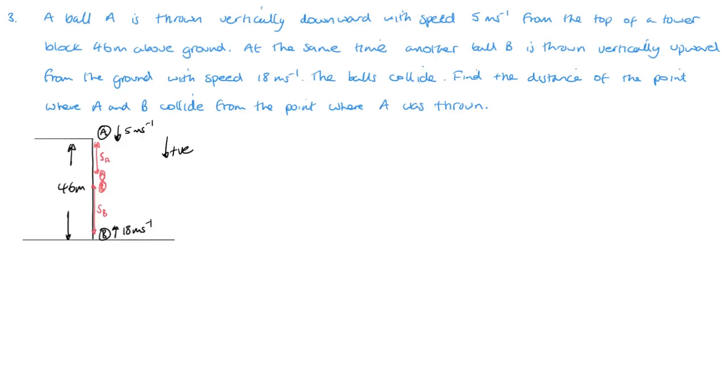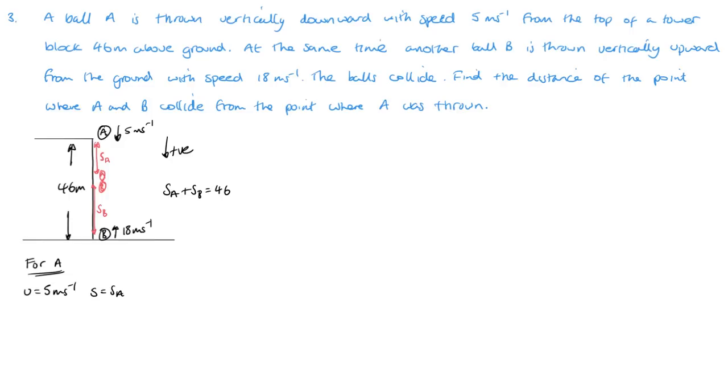And what I can say is SA plus SB equals 46 meters. Now for A, that's where we're starting off. So for A, u equals 5 meters per second. S equals SA, and that's what I'm hoping to find.